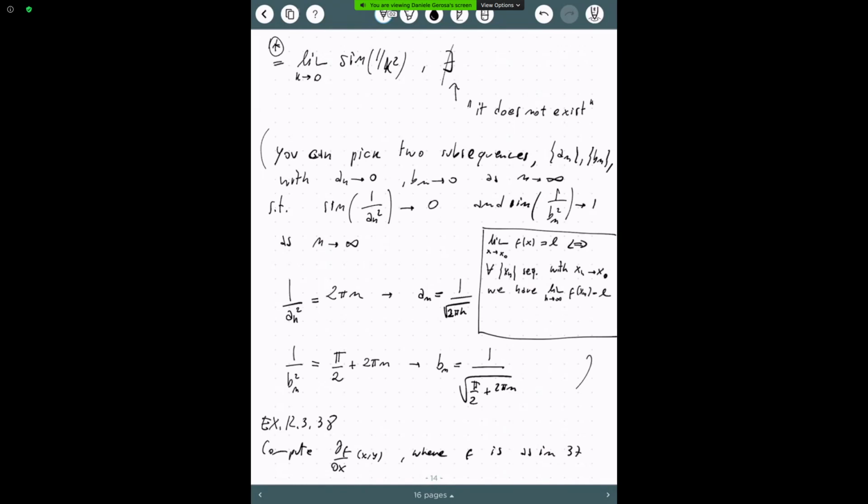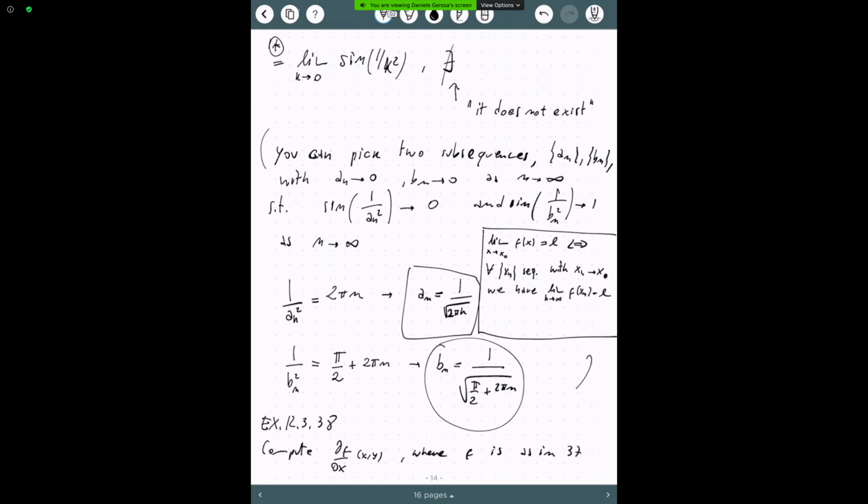So you have to plug this into sine of 1 divided by an squared, and this into sine of 1 divided by bn squared.